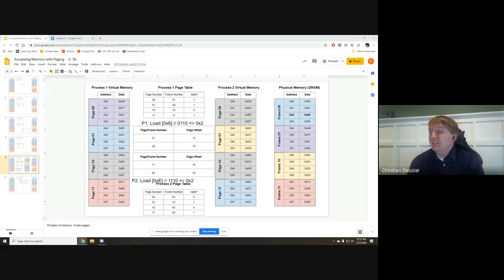Okay. Yeah, so that's a good comment, Phil. This is what mmap does, right? So mmap allows us to map some virtual memory to the same physical page, the same physical frame. So it allows us to share memory between processes.